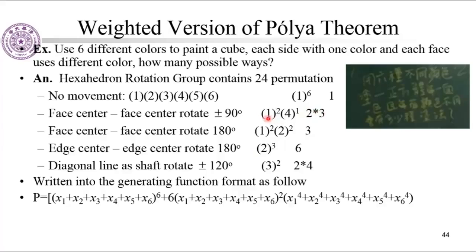Here, for the 1-order cycle, x1 plus x2 continuously adding until x6, squared. There is another one which contains 2 1-order cycles, which means a quadratic component, and contains 3-order cycles, and therefore it is x1 to the power of 4, continuously adding until x2 to the power of 4, x3 to the power of 4, until x6 to the power of 4. This corresponds to the face center to face center rotation of 180 degrees. We also have a total of 3.